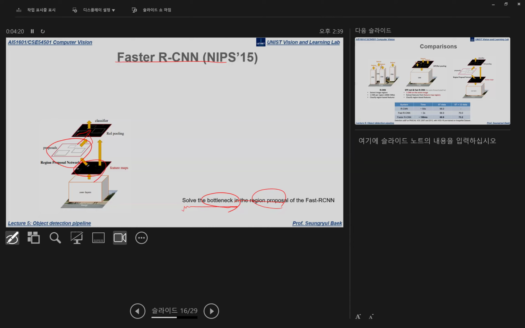By doing that, we can reduce the time complexity of the selective search algorithm, and at the same time remove the heuristics and make it optimized for the entire training. So the accuracy is also improved.